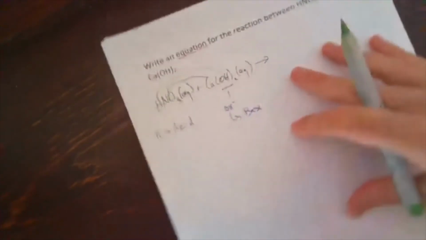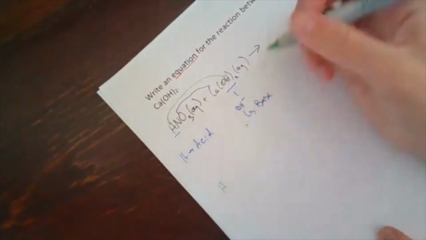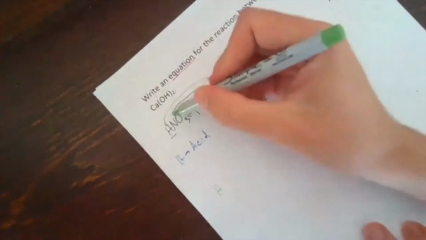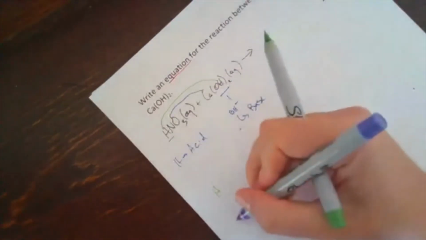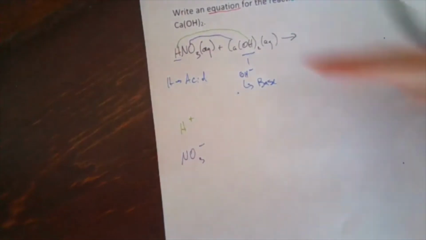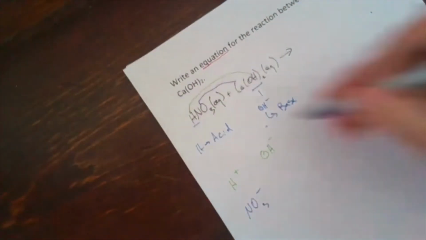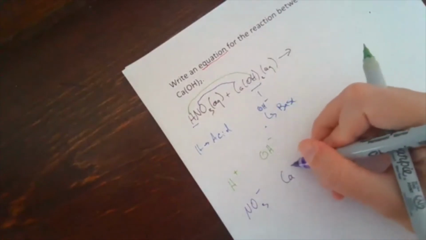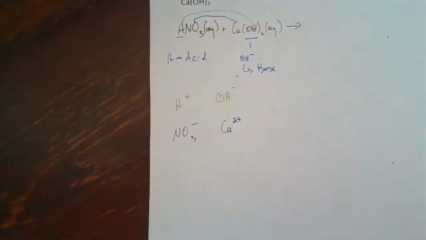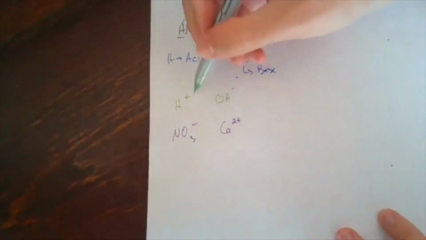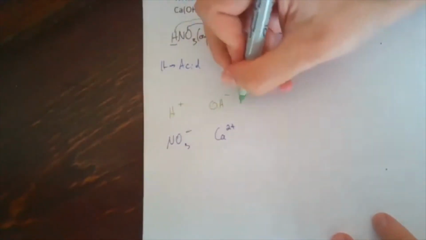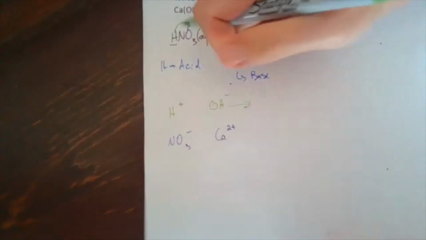So we're going to write that stuff out. We get H, which if we think about it, the NO3 becomes NO3-, and the H becomes H+ because it's an acid. And over here we have OH-, and here we have the Ca2+. These are ionic, so we could swap them, but the one thing we want to key in on is that I've got H plus and OH minus.